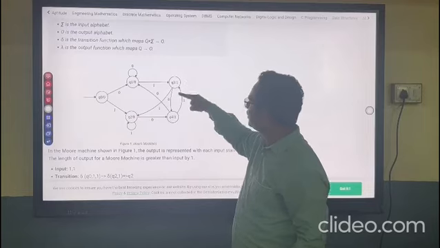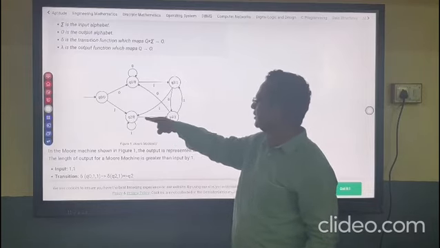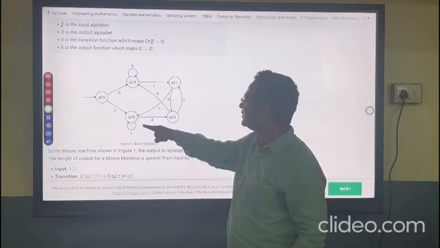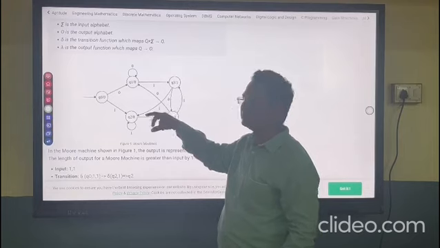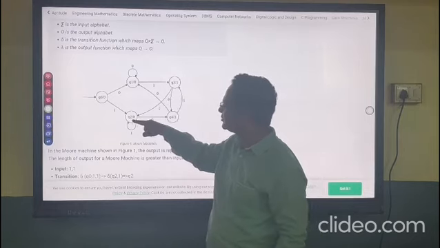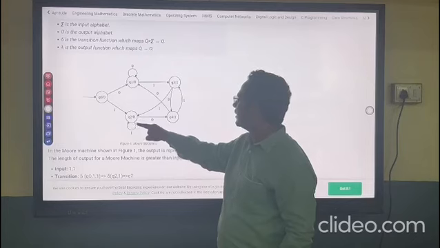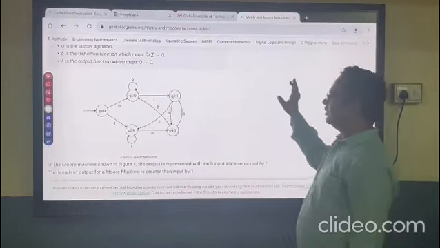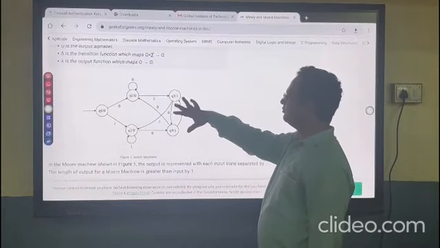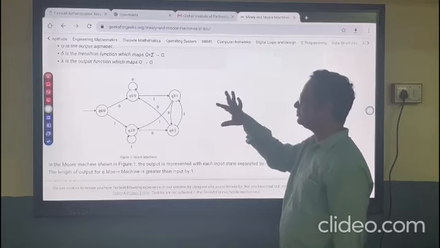If Q2 accepts 1, then it will stay on that particular state, so there will be a loop-like structure. And in the case of 0 input, it is a very good example of the Moore machine.